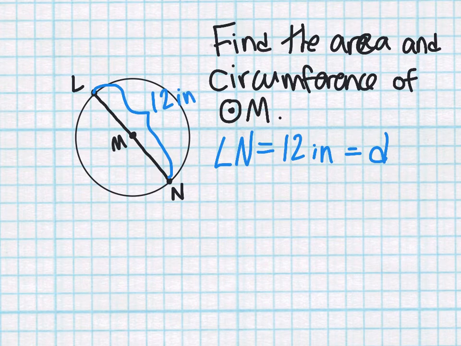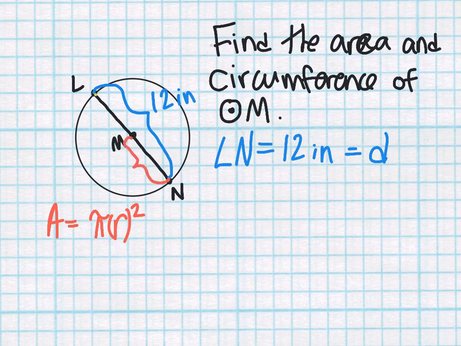So let's start with our area formula. Area is equal to pi times the radius squared. Put parentheses around that r. So I know looking up here that my diameter is 12, but what is my radius? What is this distance?